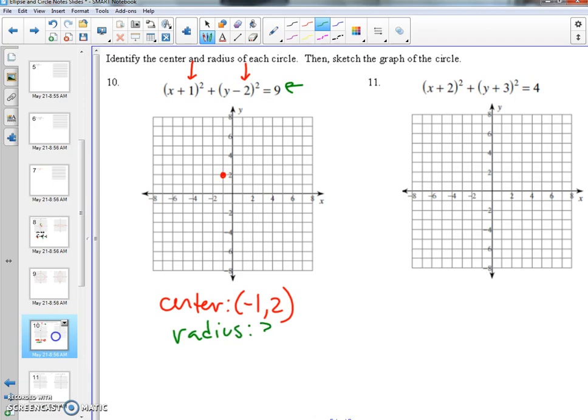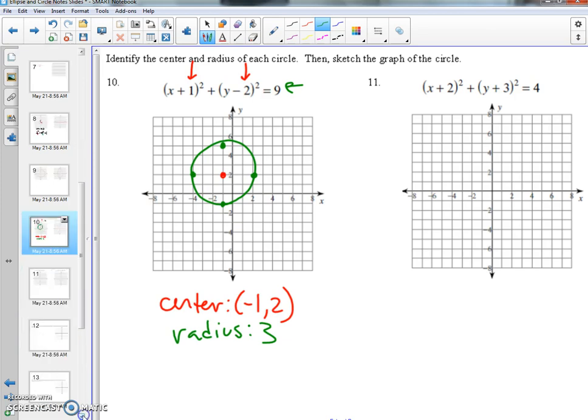The square root of 9 is 3. So from my center, I'm going to count up 3, right 3, down 3, and left 3. And that makes my circle. And that's all there is to it for a circle, just center and radius. So I'll leave the rest of the circles there for you guys to try.